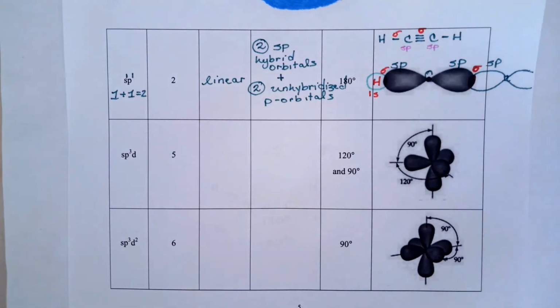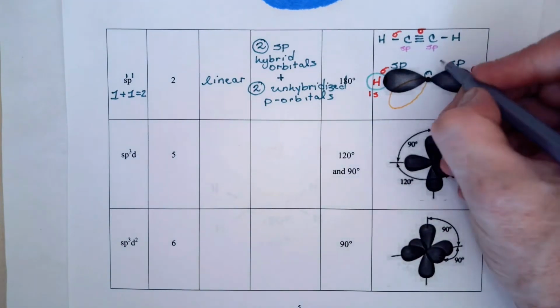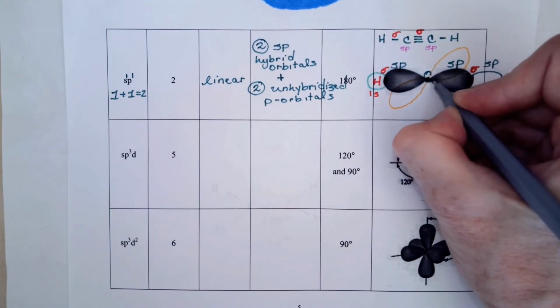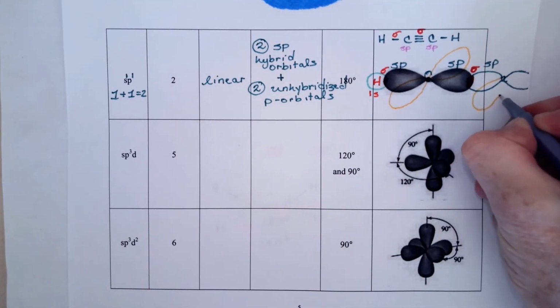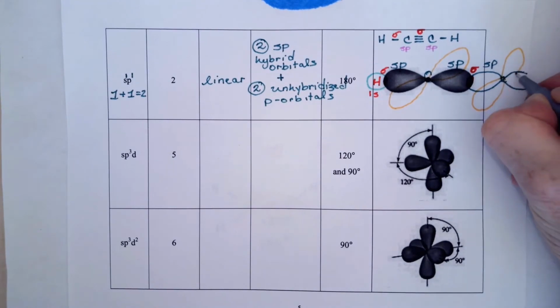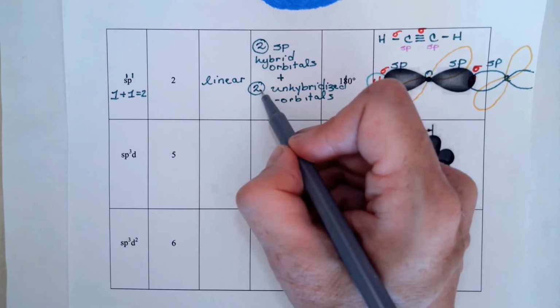So this is linear, and it occupies, say, the x-axis. We want those unhybridized p orbitals to be perpendicular. Everybody's going to be perpendicular to one another. So if this is the x-axis, I'm going to have an unhybridized p orbital maybe on the z-axis coming out of the plane of the paper. And that'll happen on both of these since they both have the same hybridization scheme. So this is just one p orbital on this carbon.